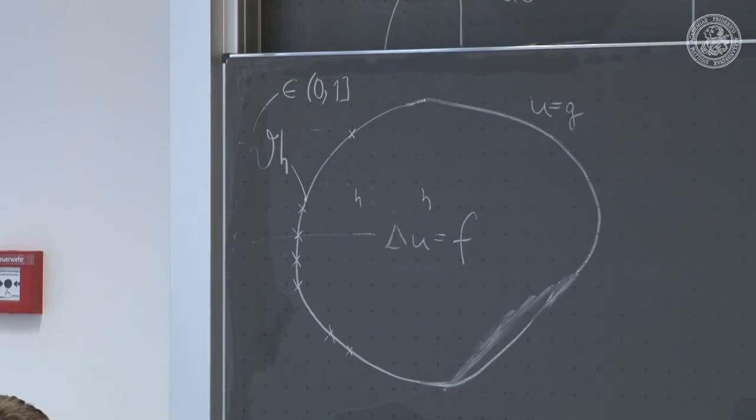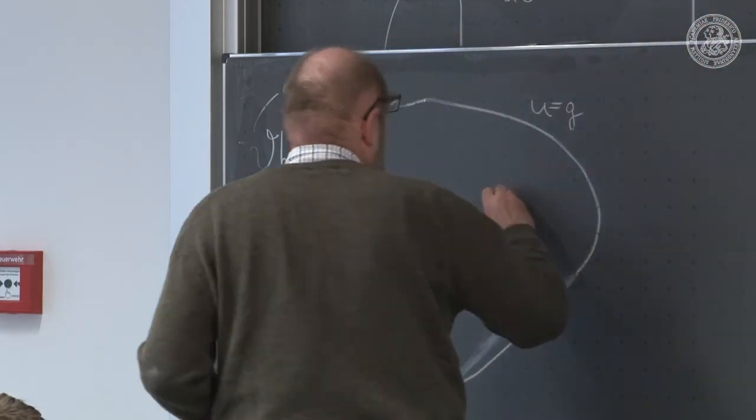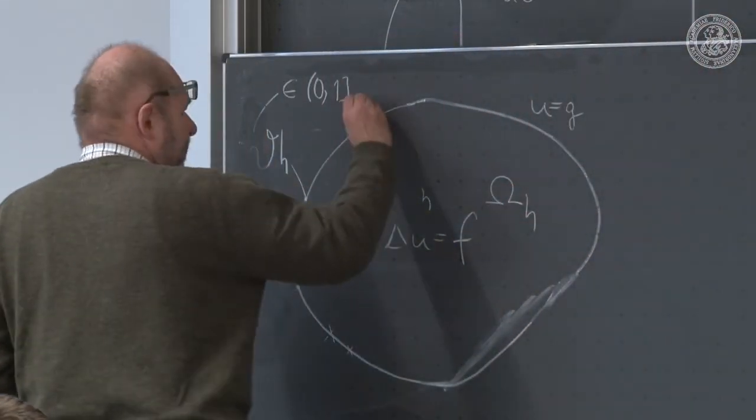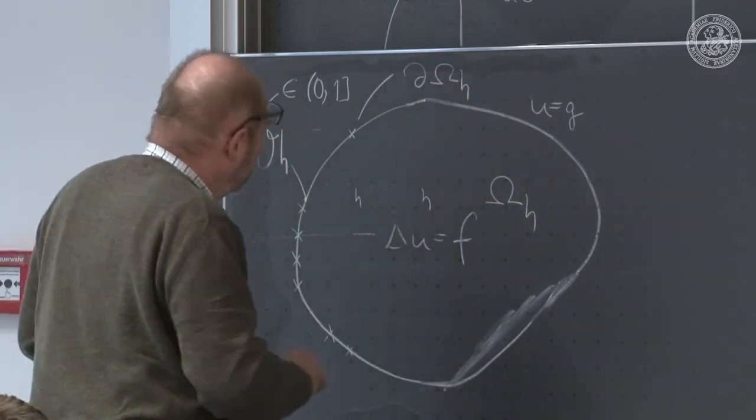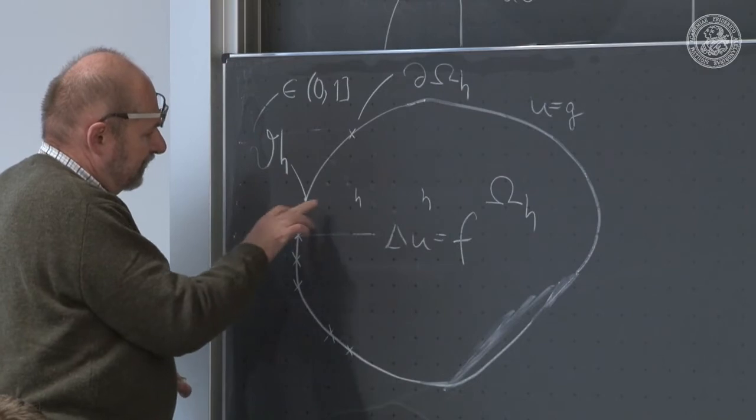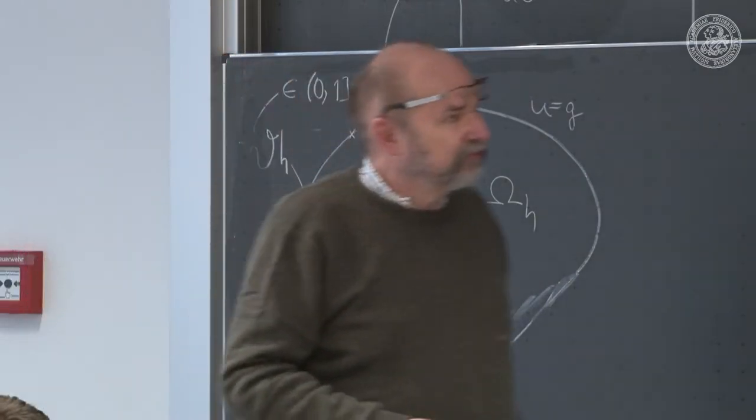So that is a little bit more explicit, more precise description of how we now define, on the one hand side, omega h, and on the other hand side, delta omega h. But the problem is now, as I said, we get different step sizes here close to the boundary.